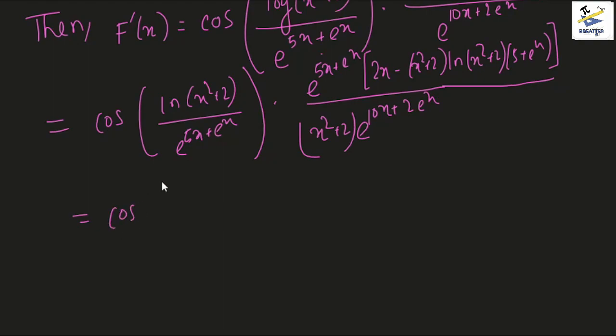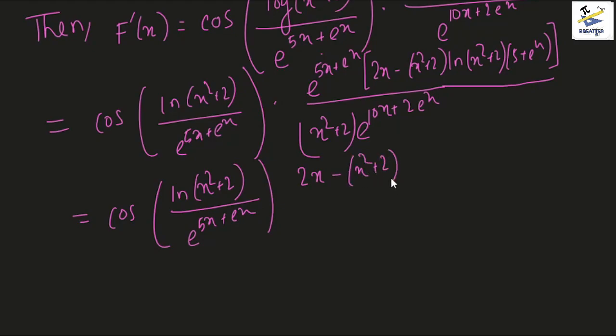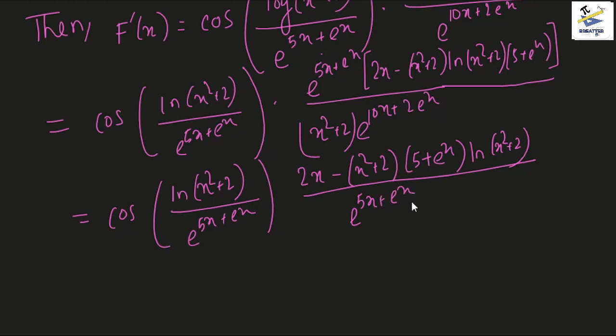which is cos of ln of x square plus 2 divided by e to the power 5x plus e to the power x into 2x minus x square plus 2 into 5 plus e to the power x into ln of x square plus 2, whole divided by e to the power 5x plus e to the power x into x square plus 2.